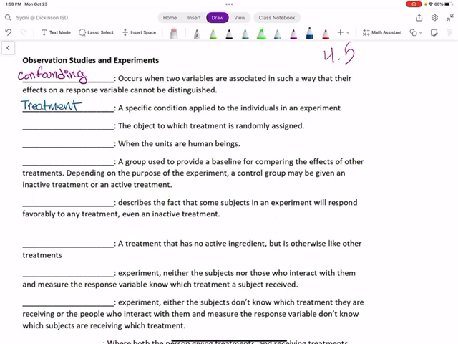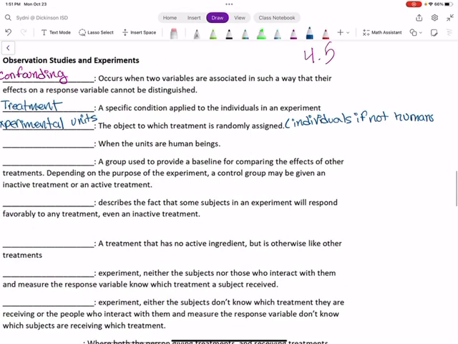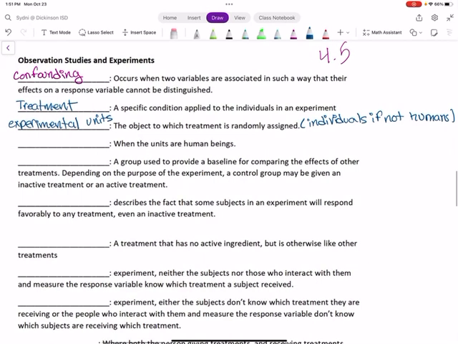Now, the next thing that we're going to have are called experimental units. It is the object to which treatments are randomly assigned. So this would be another word for your individuals if they are not humans. Individuals, if not humans, you call them experimental units. Now, please don't go out in the hallway and be like, oh, you're such an experimental unit.